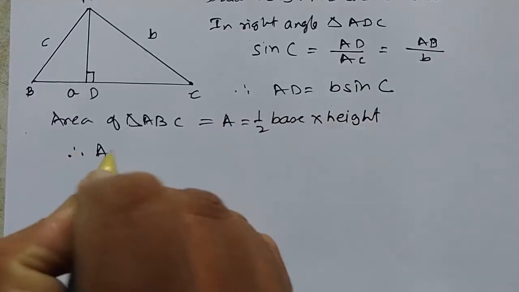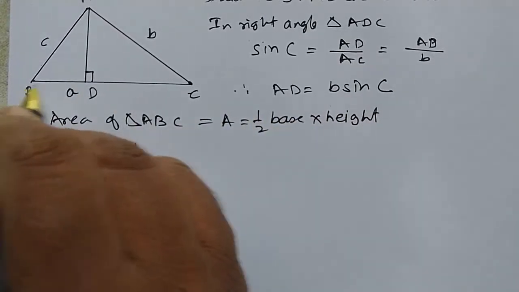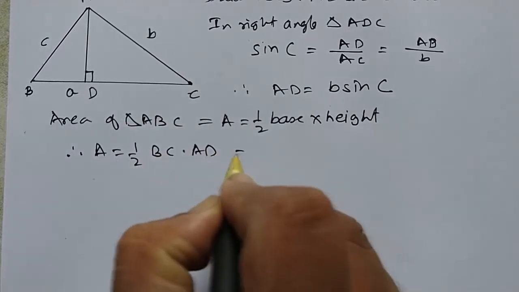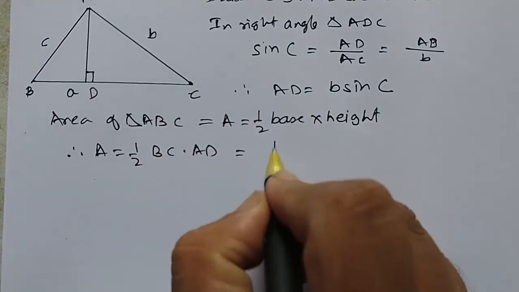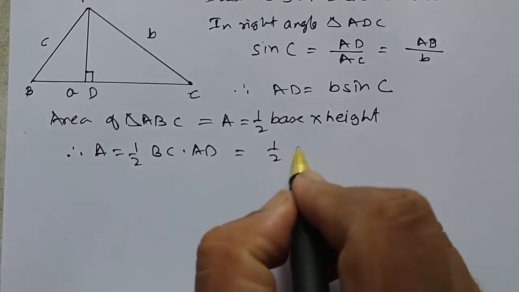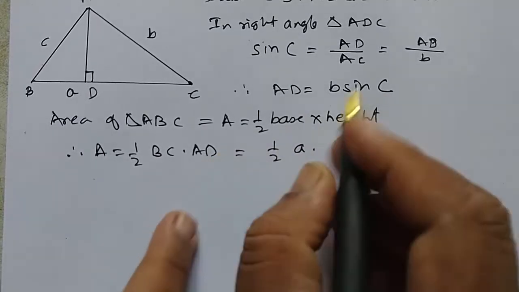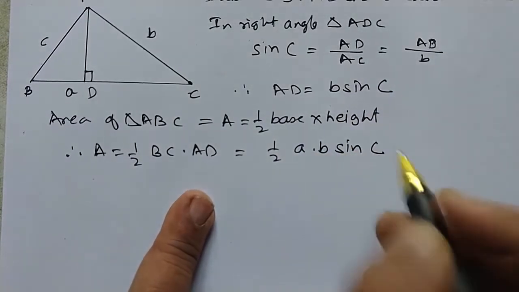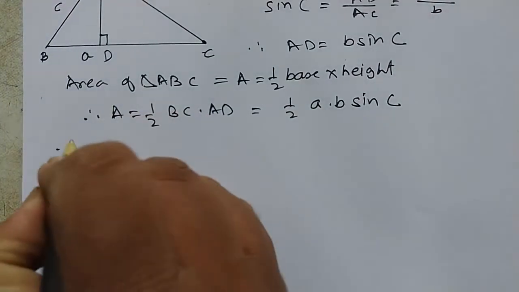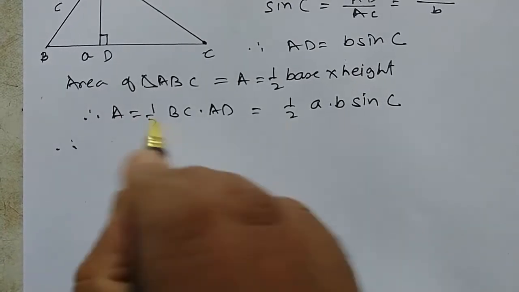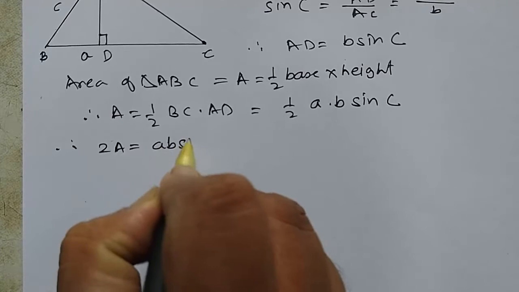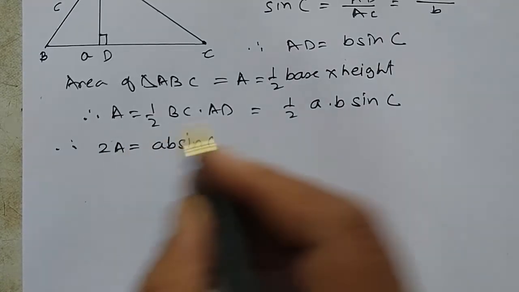Therefore, A is equal to 1/2, base is BC and height is AD, which is equal to 1/2 BC is a, AD is b sine C. Therefore, we multiply by 2, so 2A is equal to ab sine C.